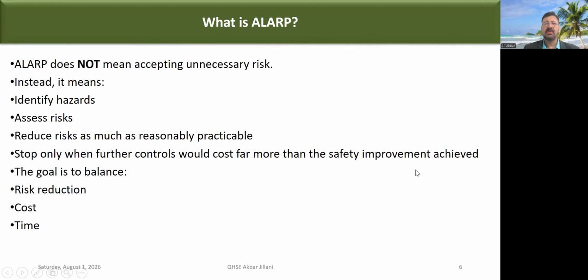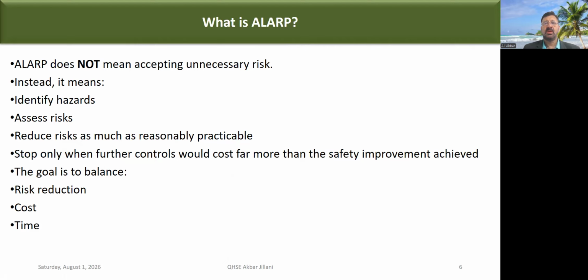Like, from the safety, we are getting a revenue of, say, 5 million, but to control the risk, we have to spend 7 million. So spending 7 million and getting 5 million is not called reasonably practicable.